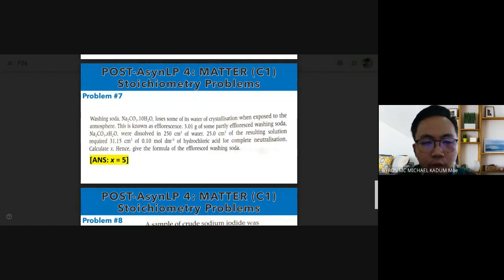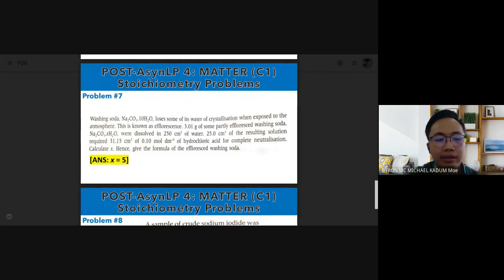So when you read the question further, washing soda loses some of its water of crystallization. Maksudnya, kehadiran air inilah menyebabkan dia jadi crystal. Okay? When exposed to the atmosphere. Betul lah, dalam atmosphere ni ada molekul-molekul air kan.